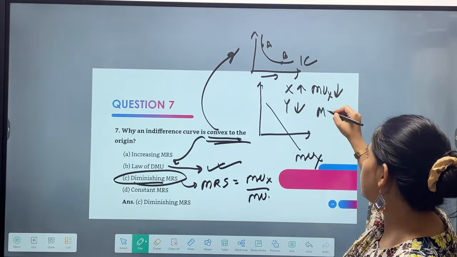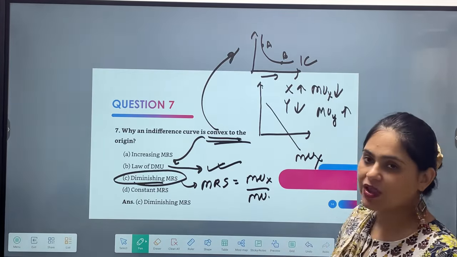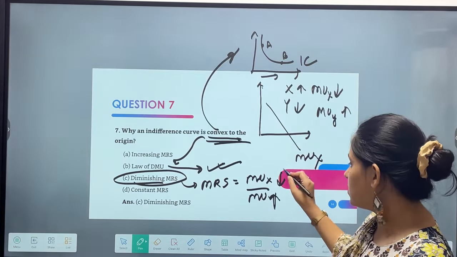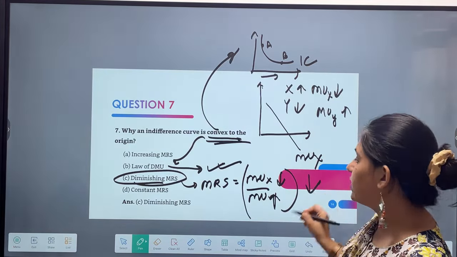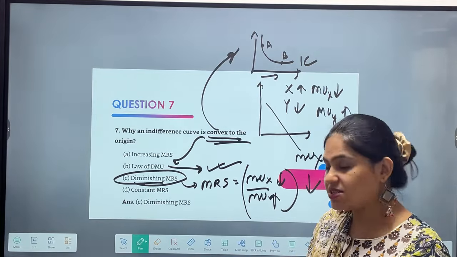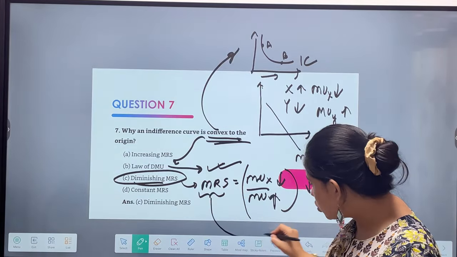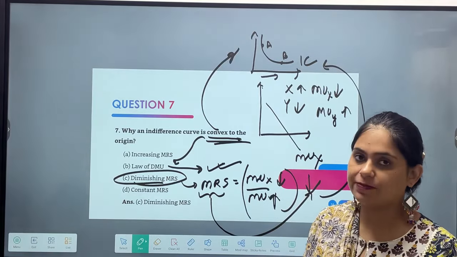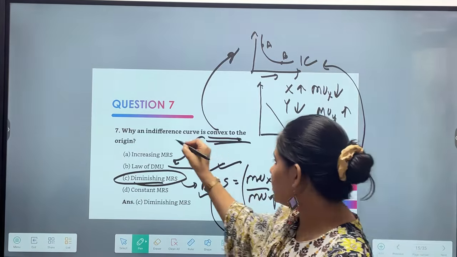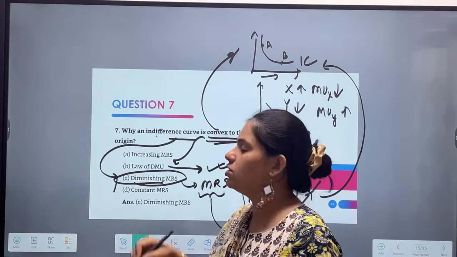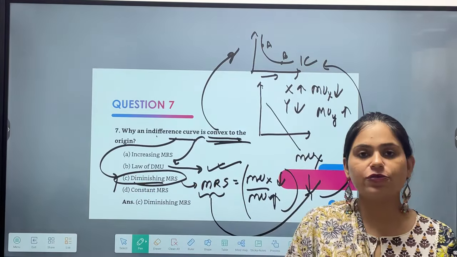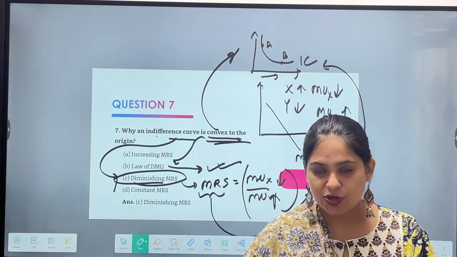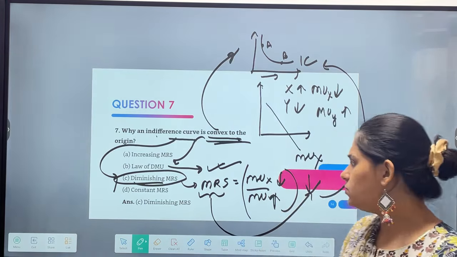So the numerator is decreasing, the denominator is increasing, so the fraction is decreasing. So yes, MRS diminishes because of the law of diminishing marginal utility. But ICs are convex due to diminishing MRS. I hope all of you are clear. One leads to another, but you should write the right answer. Okay, come to the next question.